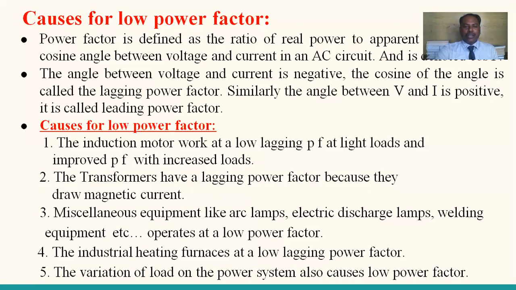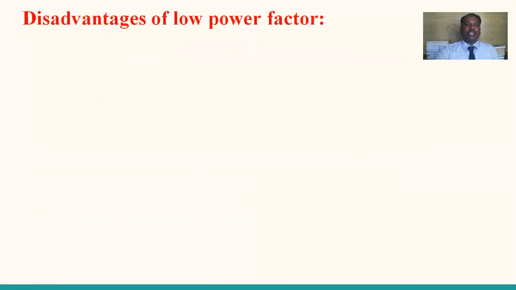So the causes for low power factor are known. What are the drawbacks of low power factor? Let us discuss the disadvantages of low power factor, and how it impacts transmission lines, transformers, and everything in the power system.